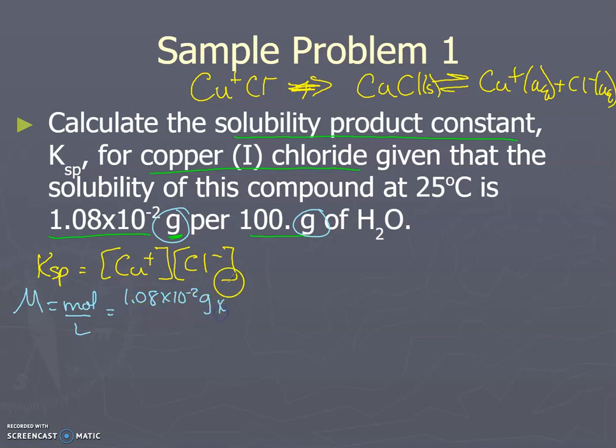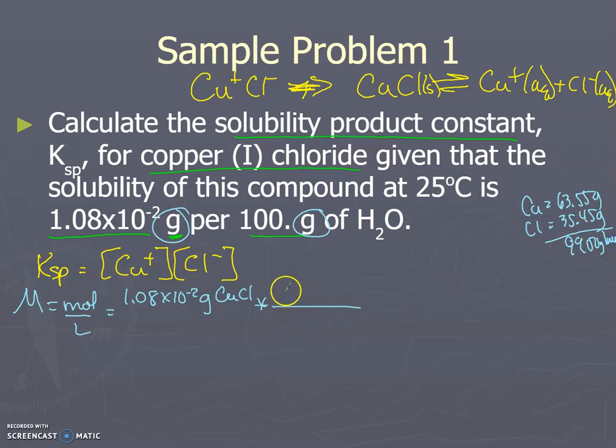Sorry, right here, this is CuCl. So I look on my trusty best friend, the periodic table. Copper is 63.55 grams, chlorine is 35.45. Molar mass is 99 grams per mole.